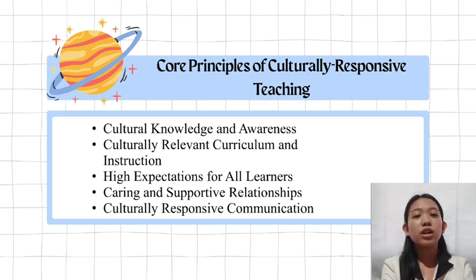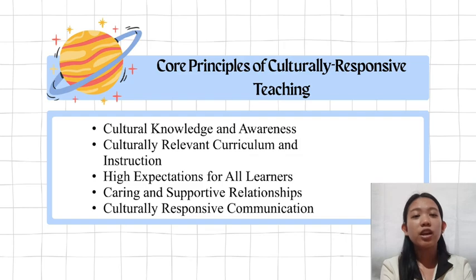First, cultural knowledge and awareness means understanding learners' cultures while being aware of our own. Second, culturally relevant curriculum and instruction means connecting lessons to learners' experiences and communities. Third, high expectations for all learners means believing every learner can succeed while providing needed support.